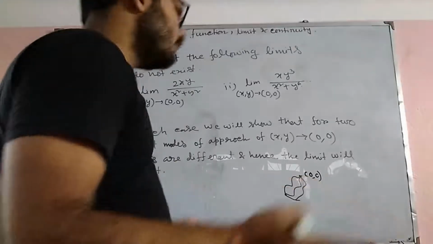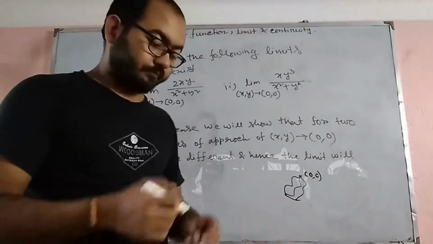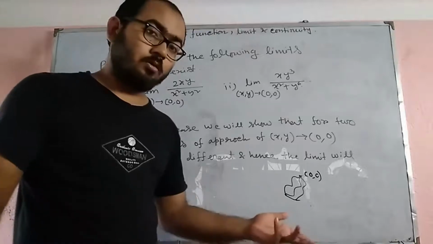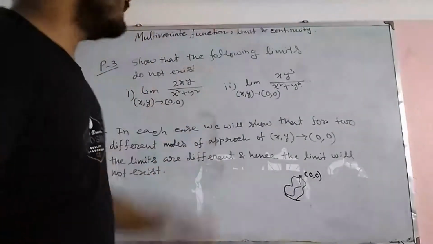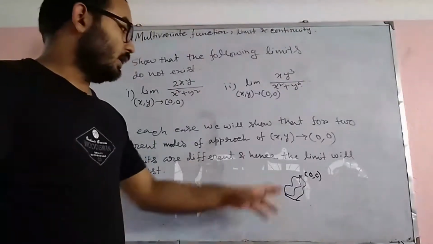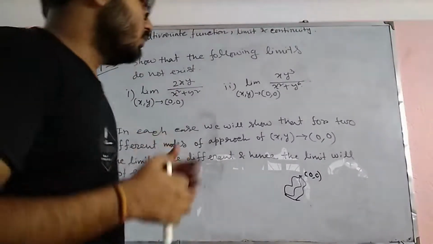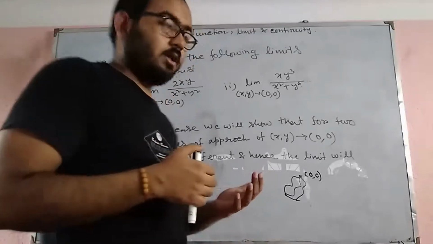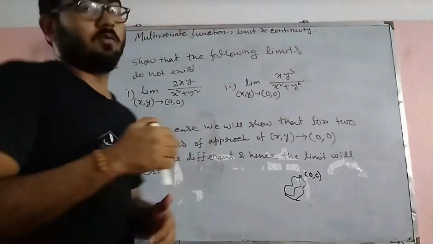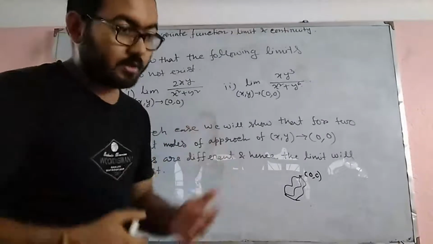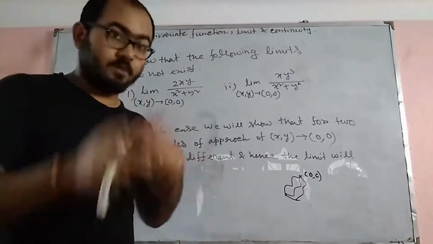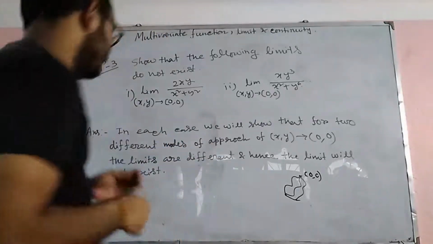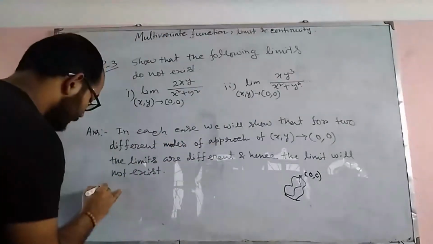But whatever the path you may choose, the limit will always be the same. But for these functions, if we follow different paths, then the limiting value of the function at that point will differ.